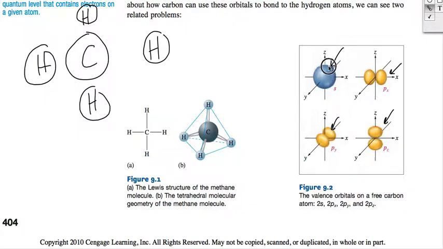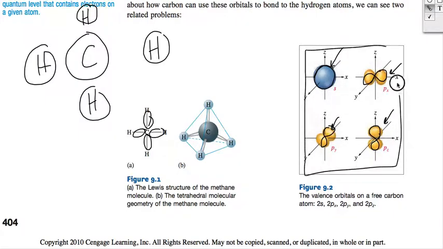The original electron regions for the carbon, your s and your 3 p, are where the electrons are or could be for the carbon. But when that carbon bonds with 4 hydrogens, those regions no longer exist, because now the regions are in between the carbon and the hydrogen atoms. So it's not going to look like it did originally.